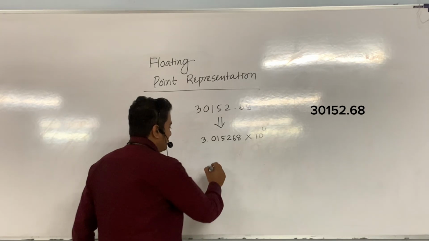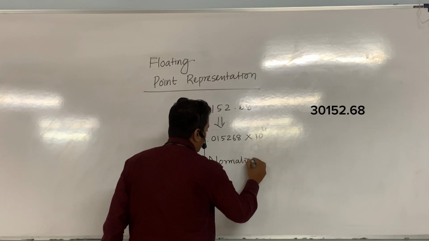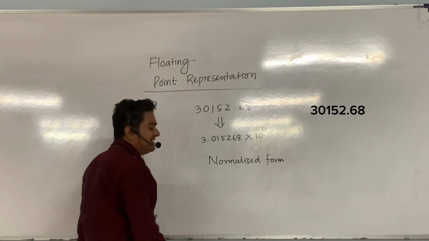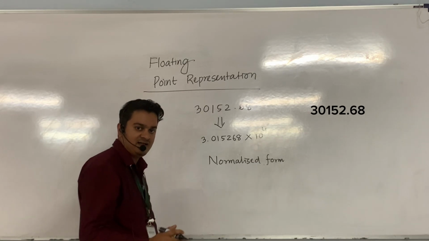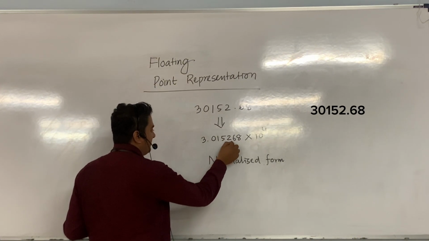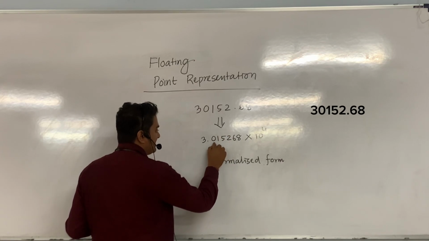So what is normalized form? Normalized form is a form where the decimal point is shifted in such a way that there is one non-zero digit before the decimal. That means the decimal point is shifted four positions.